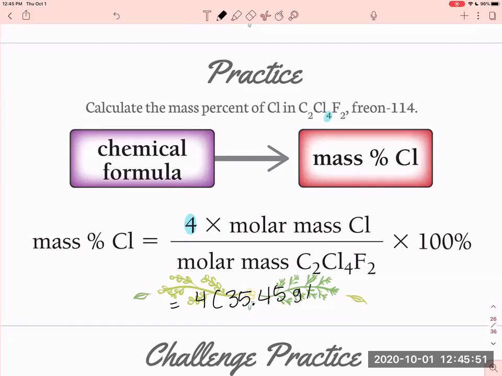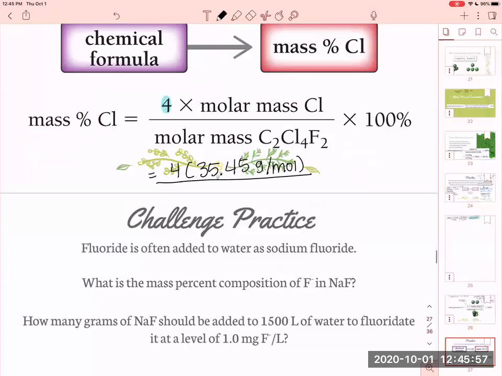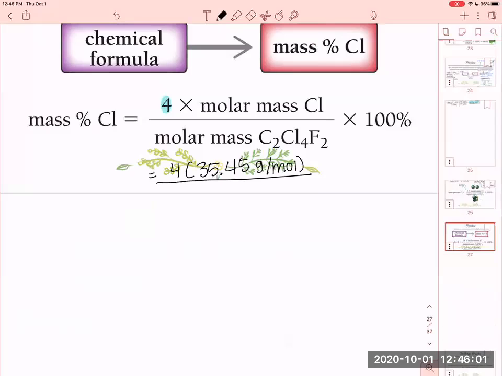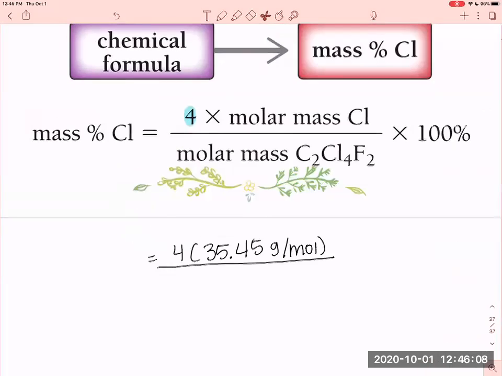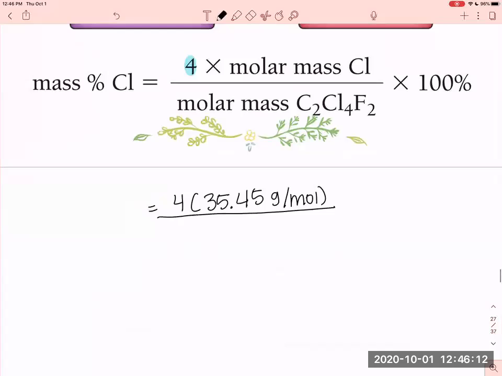My grams are going to cancel, so it doesn't really matter what my units are. Let me just grab another page here. Okay. Over the total molar mass of C2Cl4F2.